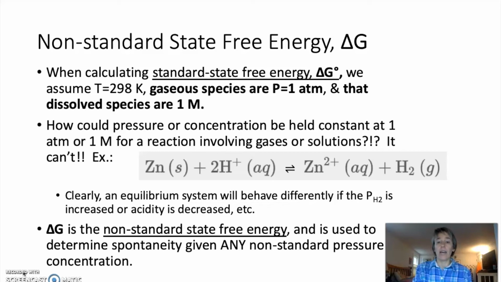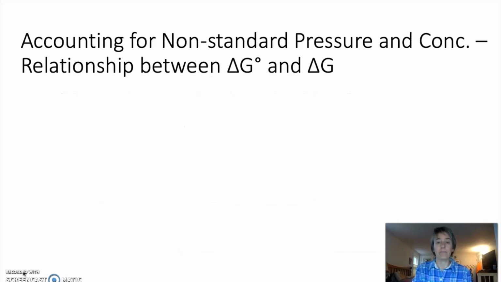So that clearly has a big impact on the direction of the reaction, and really what that means is the spontaneity of the reaction. Delta G is the non-standard state free energy. When the molarity of the acid is not at 1 molar, or the pressure of the gas is not at 1 atm, we can calculate it to determine spontaneity, and that will allow us to predict whether this reaction is going to form products or reactants.